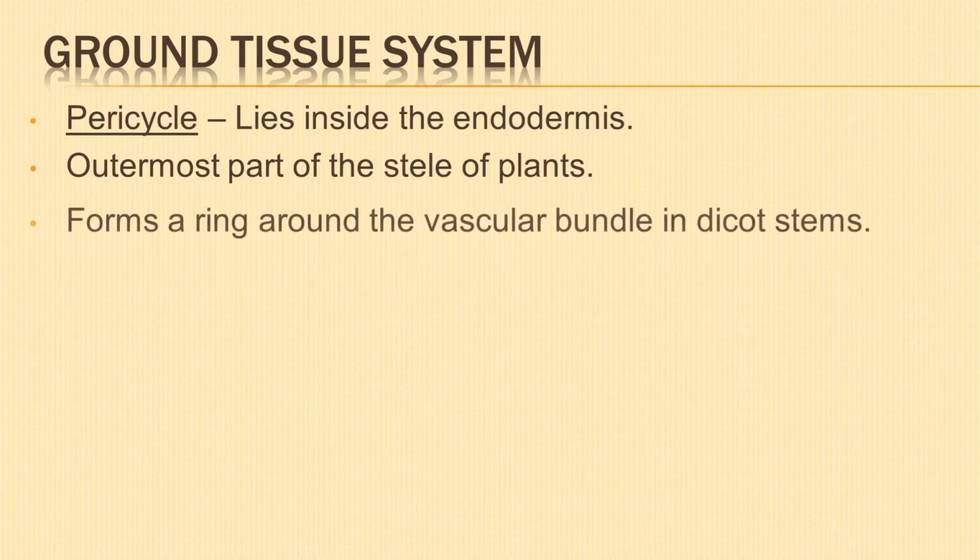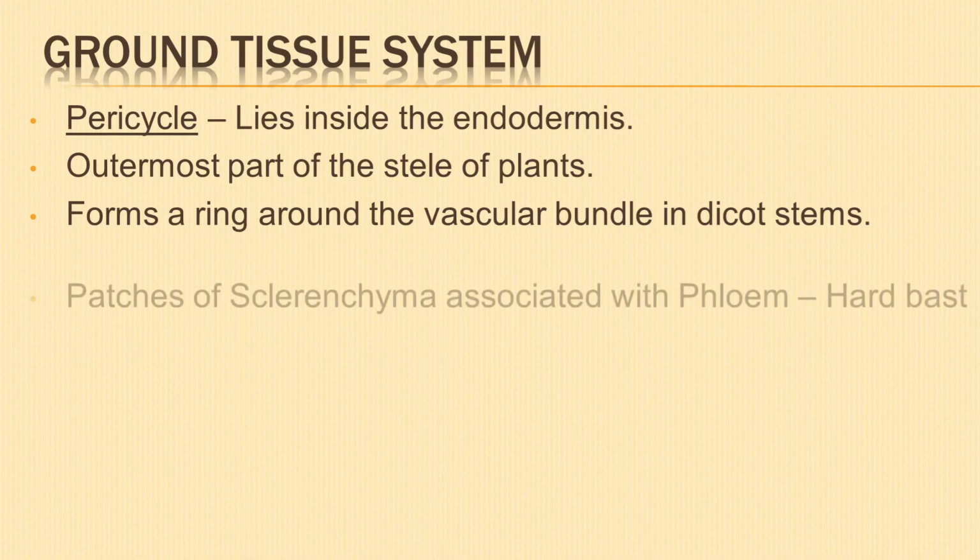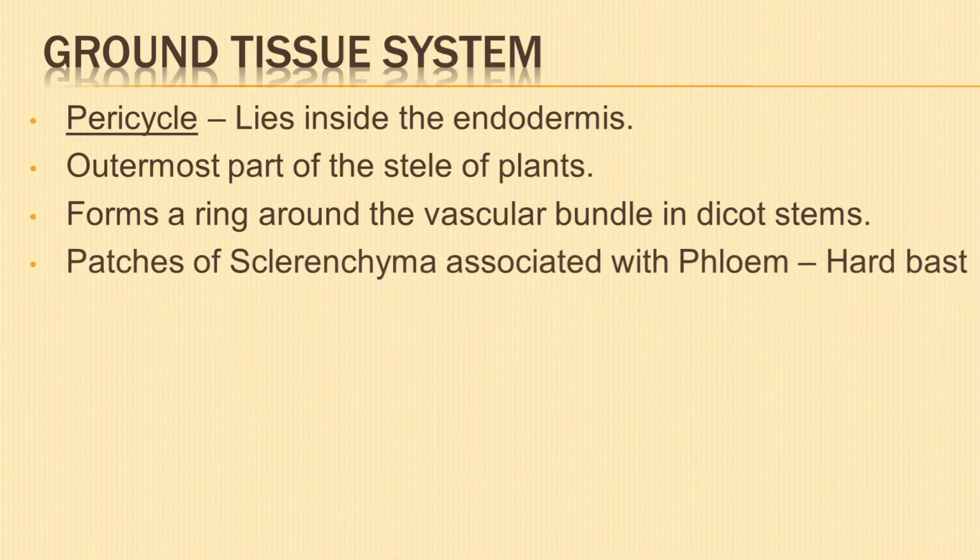In dicot stems, it forms a ring around the vascular bundle. Pericycle may be made of both parenchyma and sclerenchyma cells. Patches of sclerenchyma associated with the phloem or bast of the vascular bundle form a cap known as hard bast.